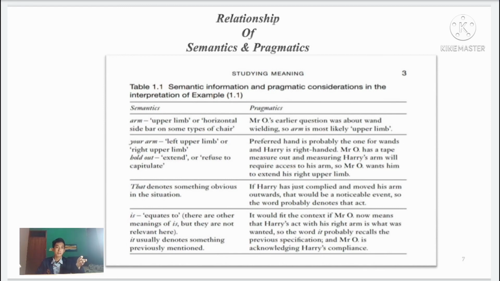"That" itu adalah melakukan apa yang harusnya dilakukan, dan "it" itu adalah hal yang sudah dilakukan dari apa yang diminta, dan "is" itu adalah memberitahu sama dengan apa yang dilakukan dan apa yang diberitahu, itu ada koneksi dan sama. Itulah maksudnya dari semantics dan pragmatics dalam satu example. "Your arm, that's it." Gitu.